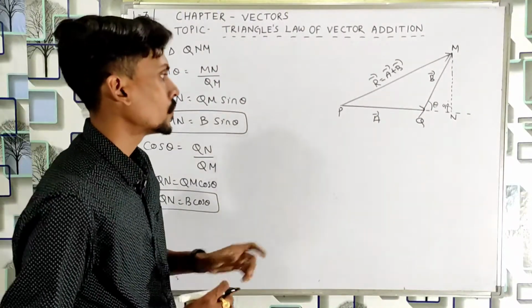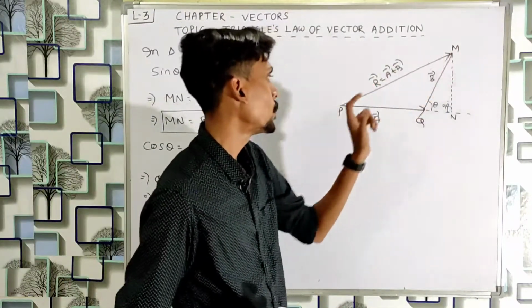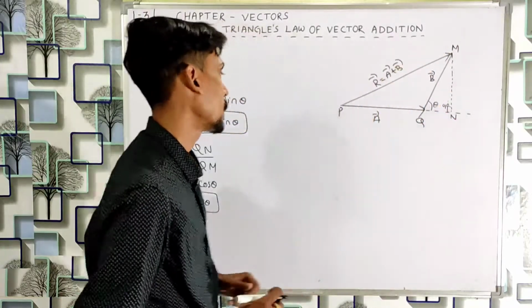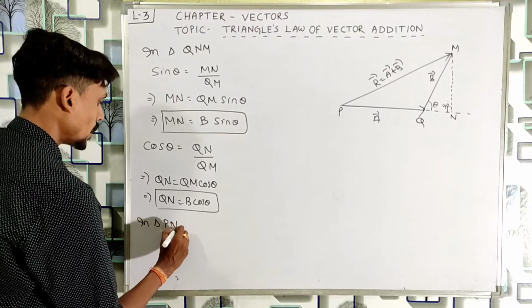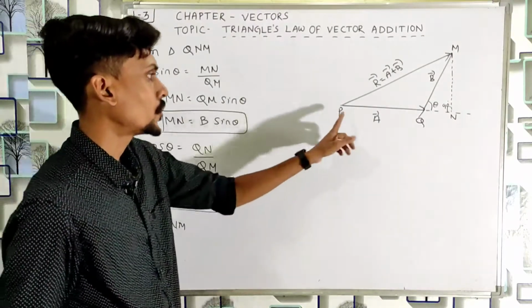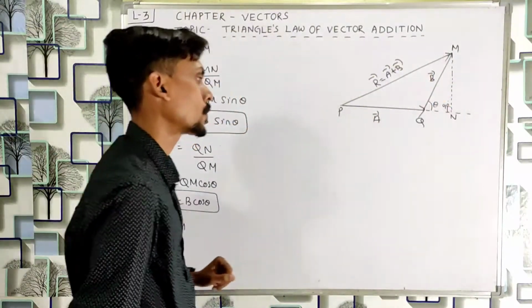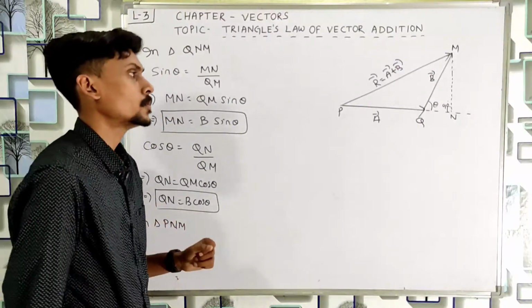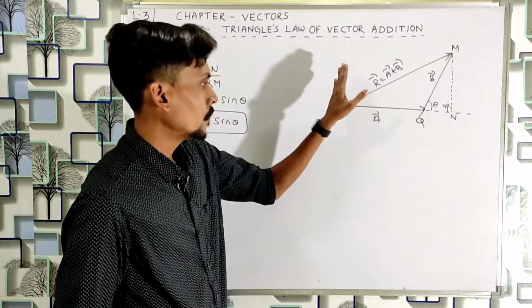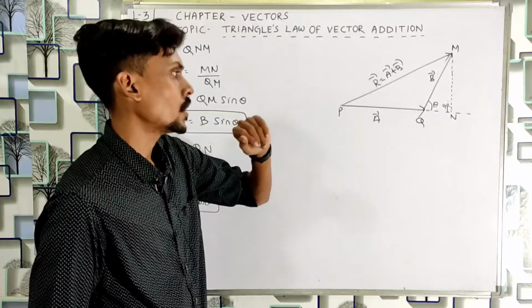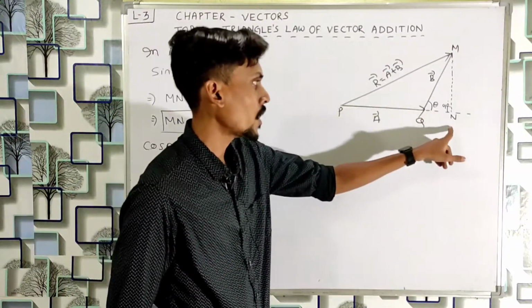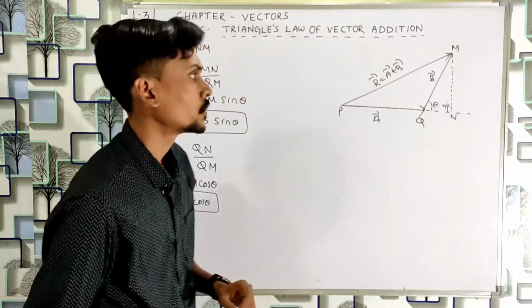Now look at the larger triangle PNM. In triangle PNM, look at the larger right angle triangle PNM. According to Pythagoras theorem, the hypotenuse square is equal to base square plus perpendicular square.